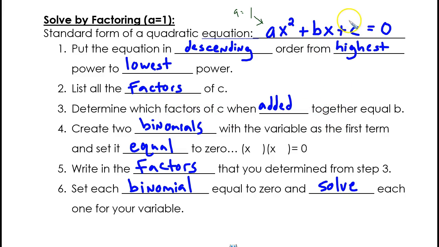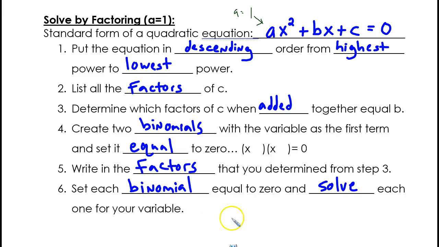So you can think of this as what factors of the end number add together to give you that middle number. Okay, we will create 2 binomials using the variable that we started with, and it'll be at the beginning of each binomial, equal to 0. And then the factors that worked for us, that added to give us that middle term b, will go in the spaces that we've left behind.